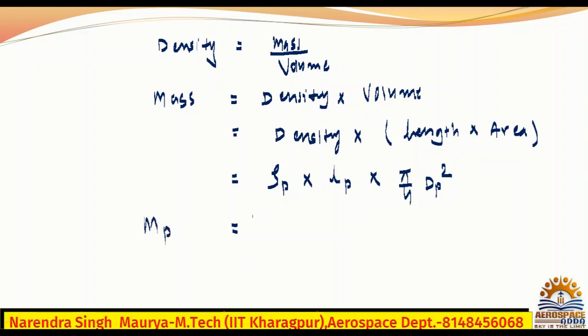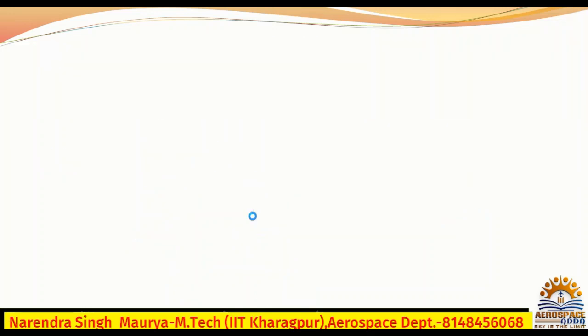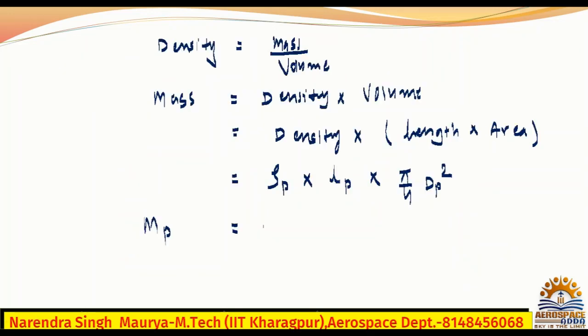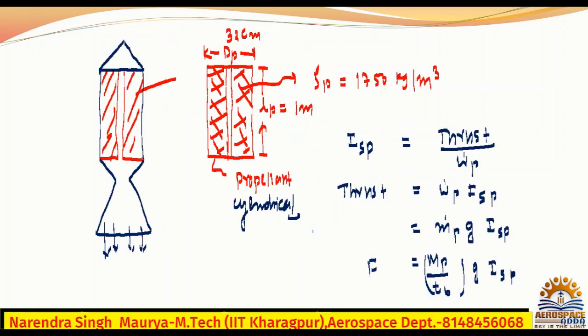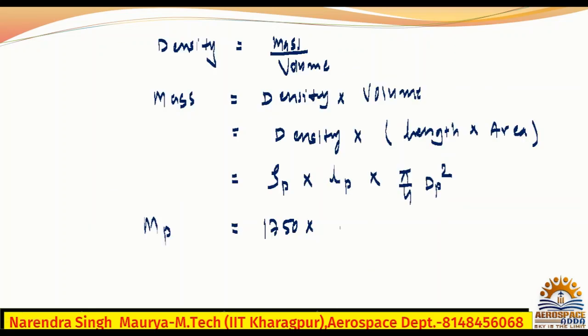Rho p they have given to us how much? 1750. LP they have given to us 1 meter. Pi by 4 into diameter of the propellant, 32 centimeter means 0.32 meter, squared. Let me calculate this value.